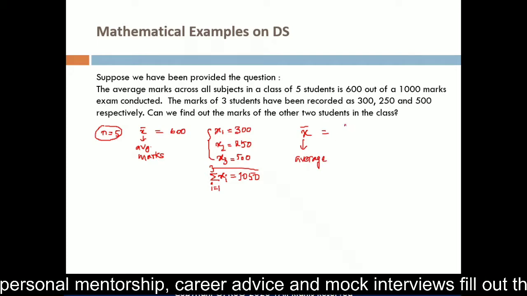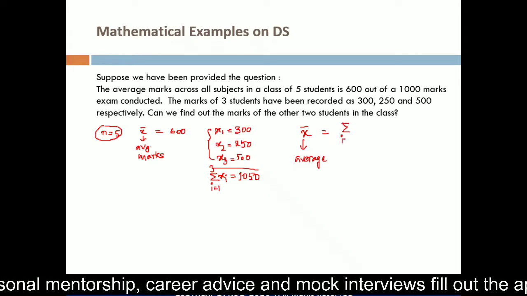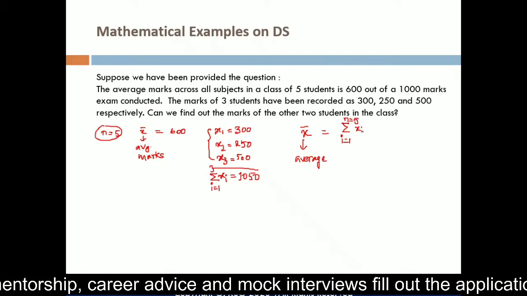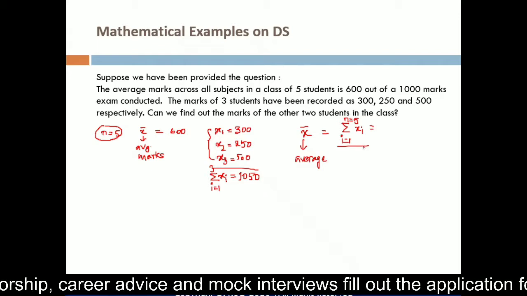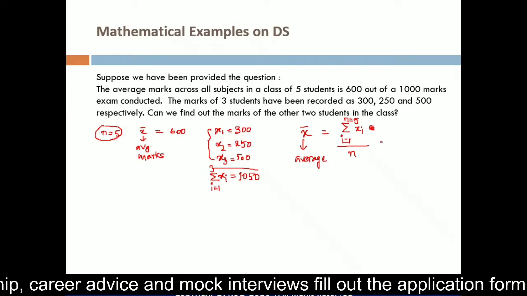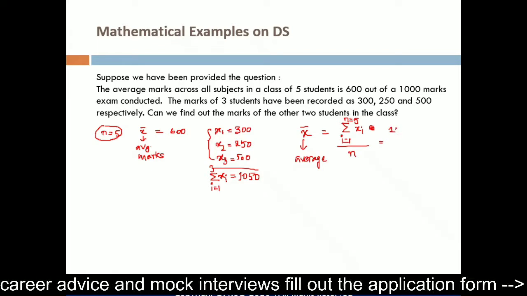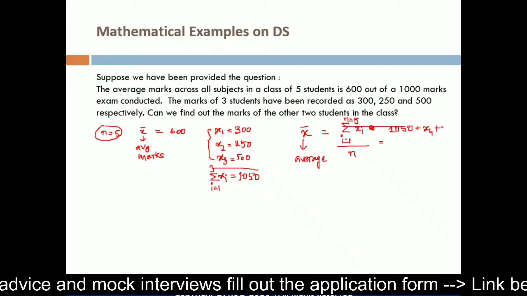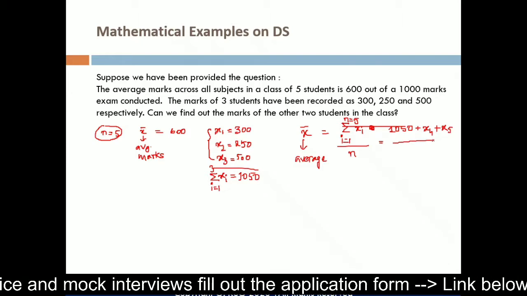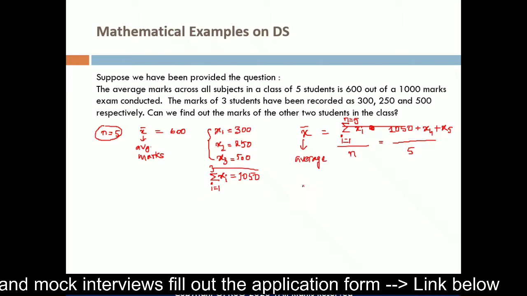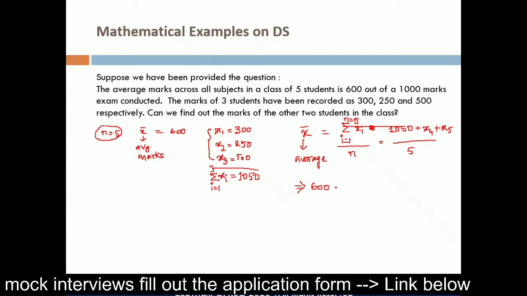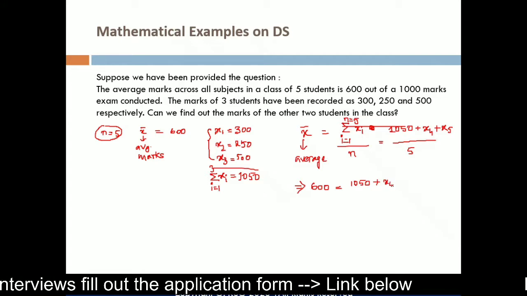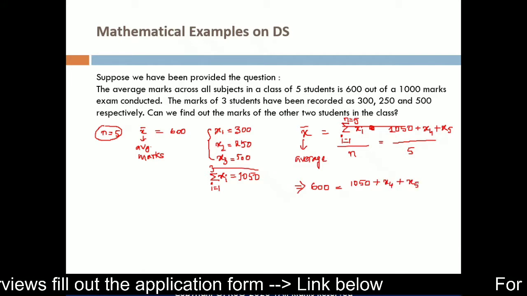And by definition, we know average is nothing but the sum of the marks of the 5 students divided by the total number of students, which in this case is 1050 plus, let's say, the marks of student 4 is x4, and that of student 5 is x5, and total is 5. So what we get from this particular equation is 600 equal to (1050 plus x4 plus x5) divided by 5.